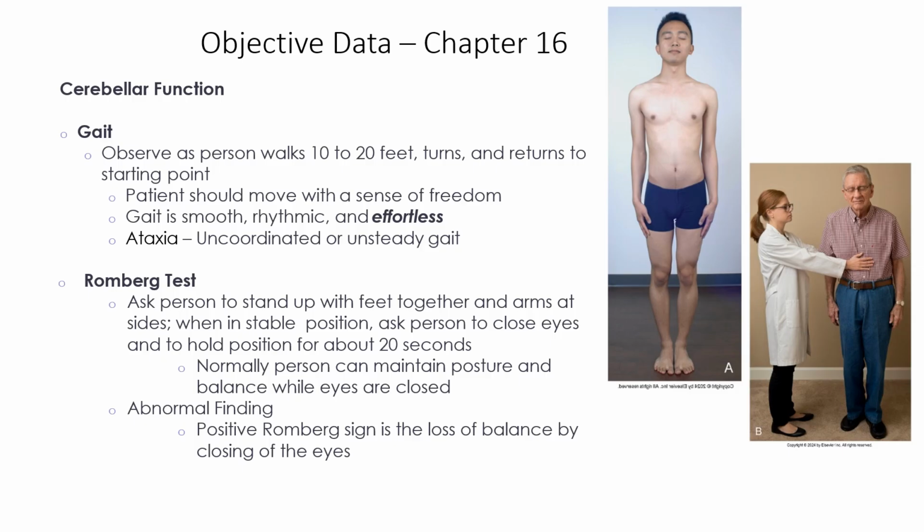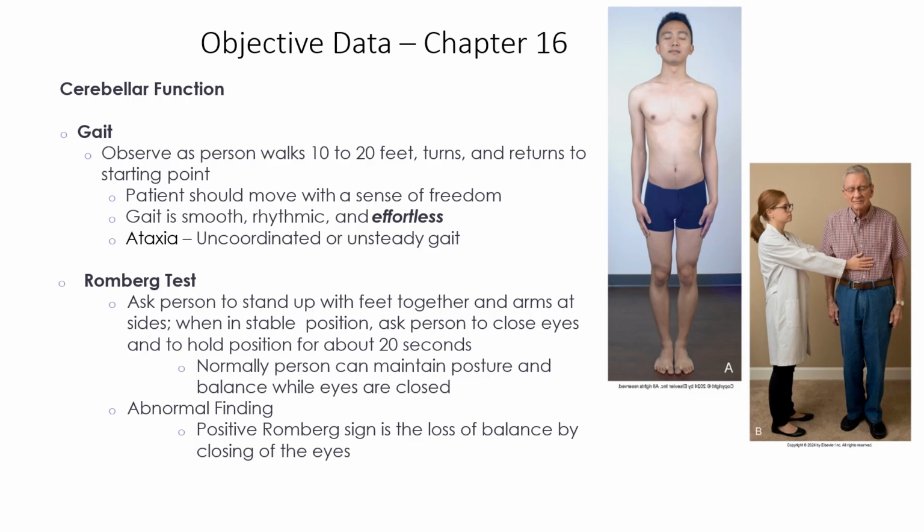A normal finding is they can maintain their posture and balance. If they begin to lose their balance when they close their eyes, this is a positive Romberg test, and this is an abnormal finding. So this is not good, it's abnormal.